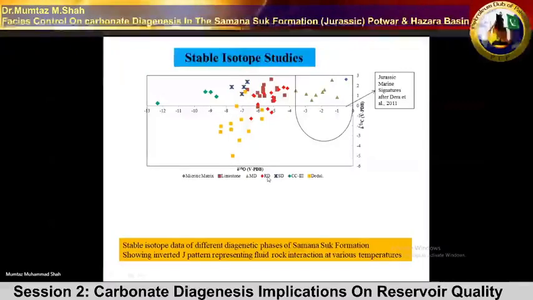The replacive dolomite, the saddle dolomite and the late stage calcite cements represent depleted delta 18O signatures, which indicates that they were affected by hydrothermal solutions and formed at higher temperature as compared to the matrix dolomites.